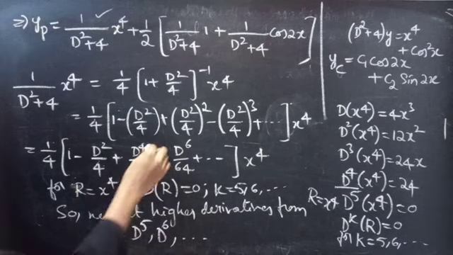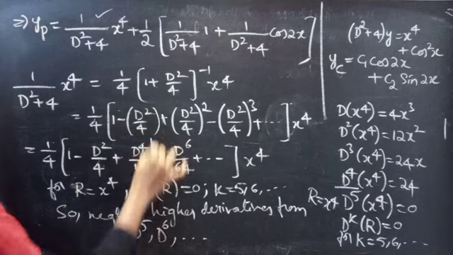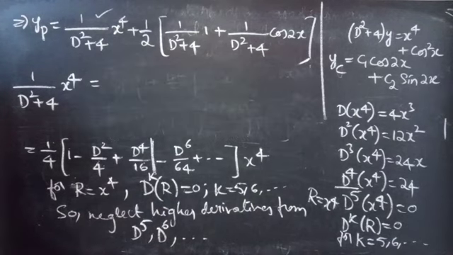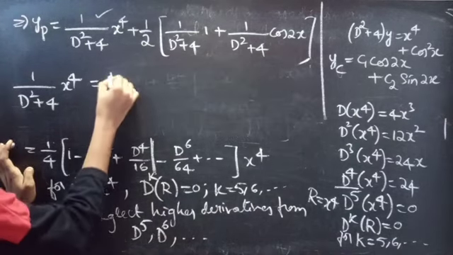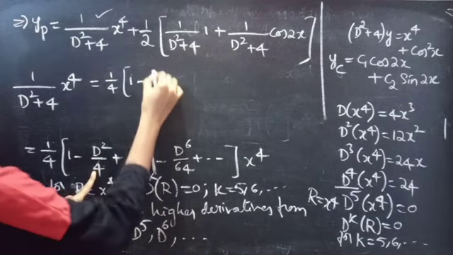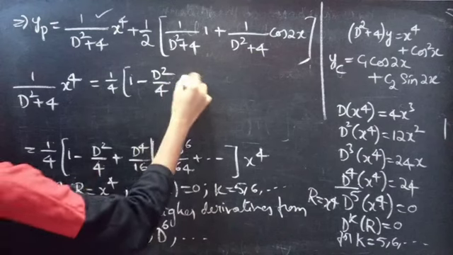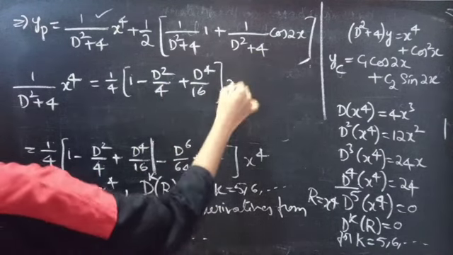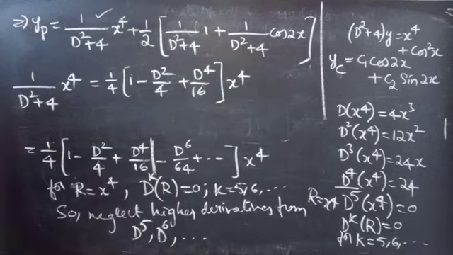So we can neglect terms from here. So this becomes 1 by 4 into 1 minus D square by 4 plus D power 4 by 16 into x power 4. This is 16, right? Yeah.